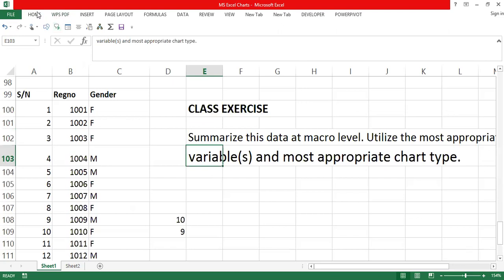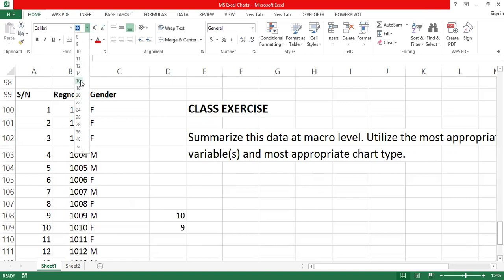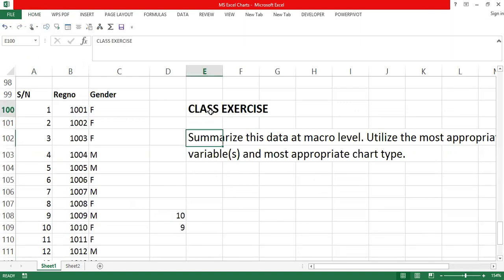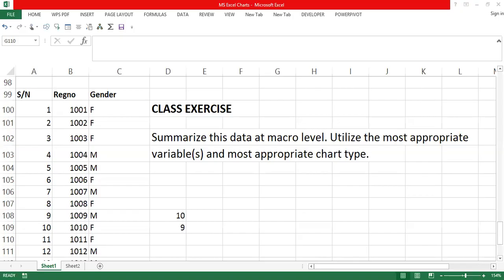What did you say? I said we consider whether the data is grouped or ungrouped.